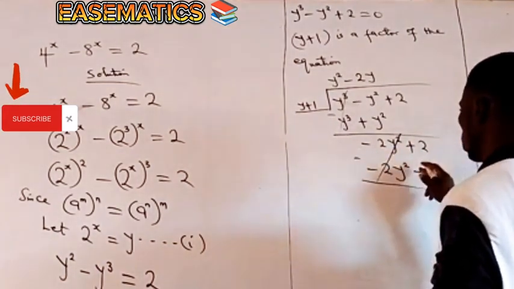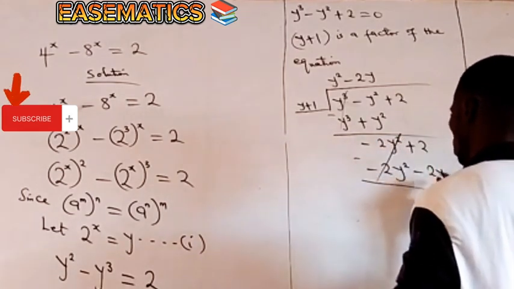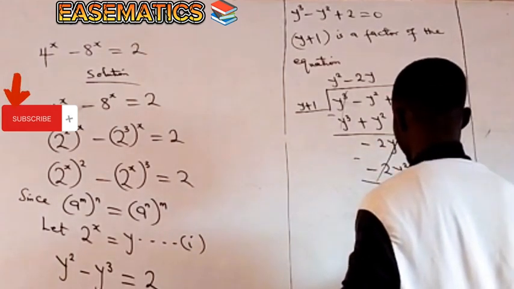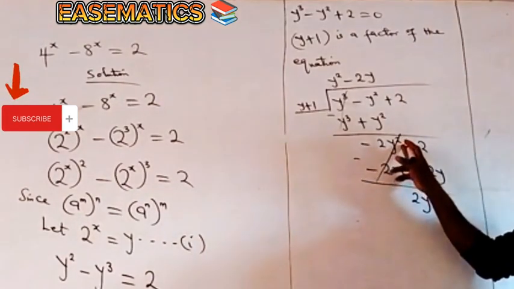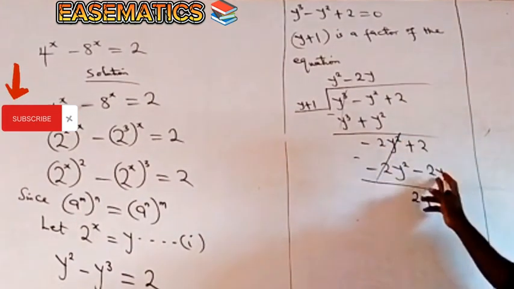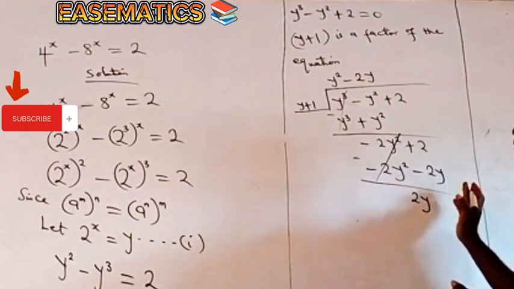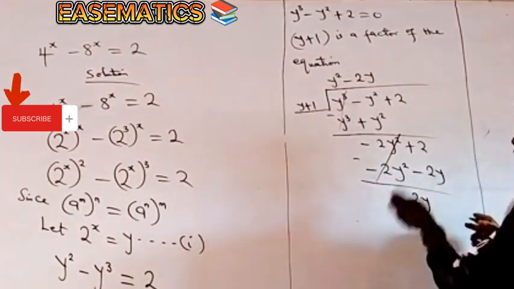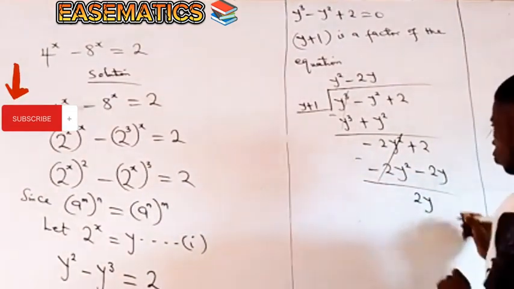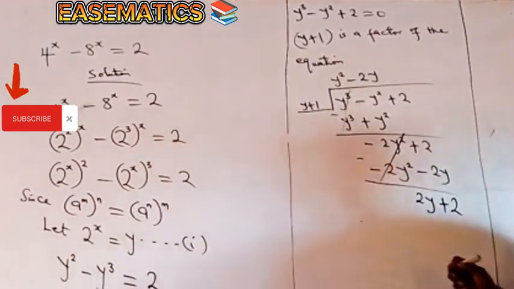Then 0 minus minus 2y gives 2y, because here we don't have any variable containing y alone, so minus multiplying minus is plus, so this will be written as 2y, plus we just bring down our constant 2.